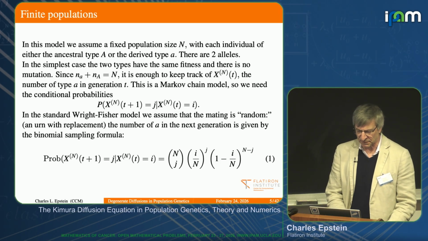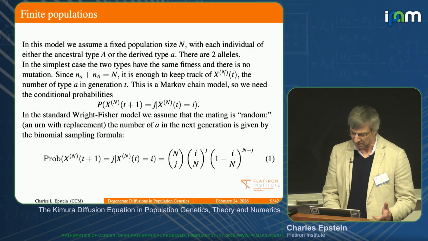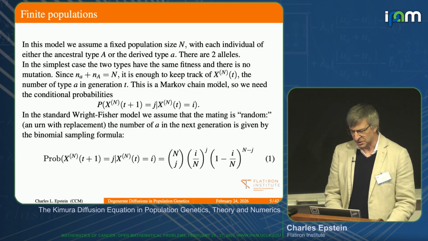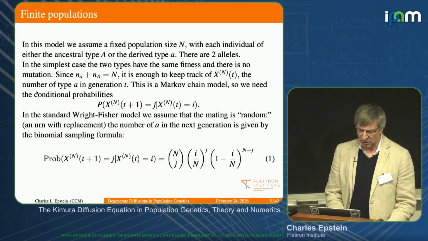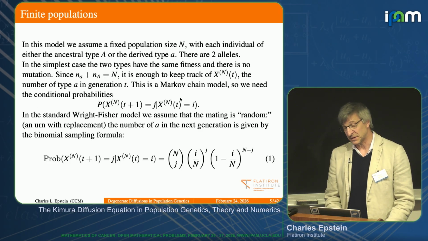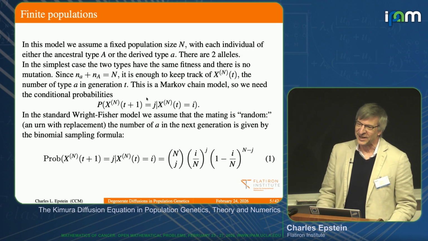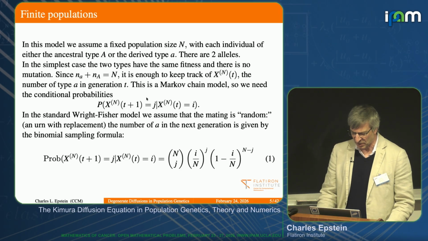Since the sum of the number of little a and the number of big A is fixed, you just have to keep track of one of them. So we'll keep track of the number of little a's, which we think of as the mutant type. And the model is just a Markov chain. All we need to tell you is, if we have i of type little a at time t, what's the probability of having j at time t plus 1?